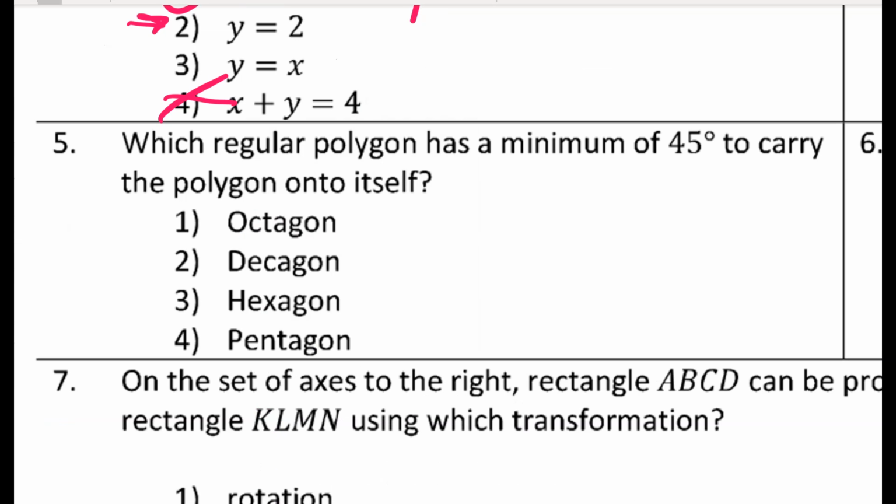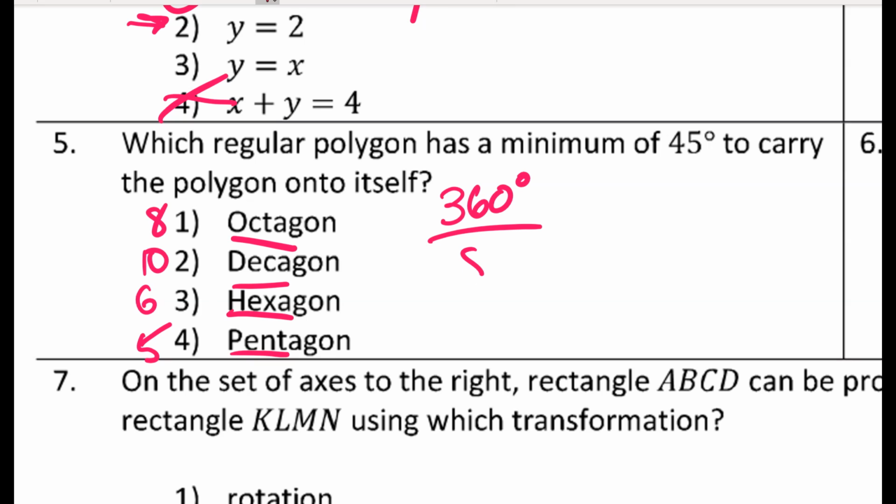Number 5. Which regular polygon has a minimum of 45 degrees to carry the polygon onto itself? Well, remember, an octagon has 8 sides, a decagon has 10 sides, hexagon has 6, and a pentagon has 5. So what you could do to check is you could take 360 degrees and divide it by the number of sides, and that's going to tell you the minimum degree rotation for it to land on top of itself, for all those sides to line up again.